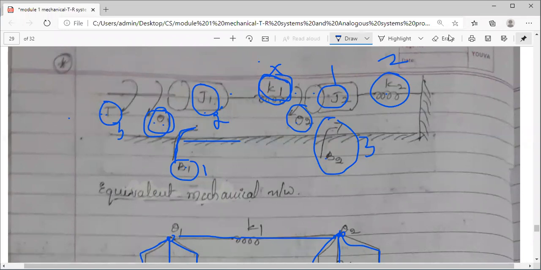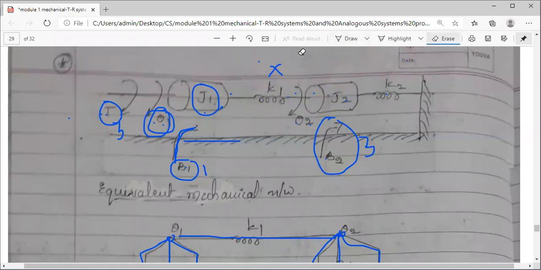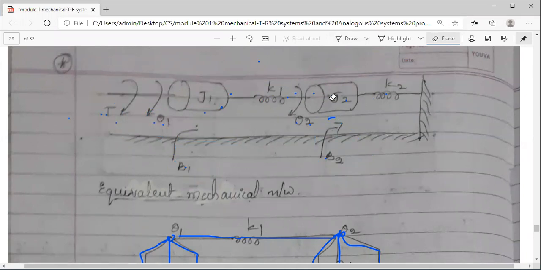So here also you can do that, but it will be a bit lengthier. But now as you are into the higher version of the problems, the problems are a bit bigger. So let us not go for free body diagrams, but even though you can, for practice, you can draw a free body diagram for J1 and J2.